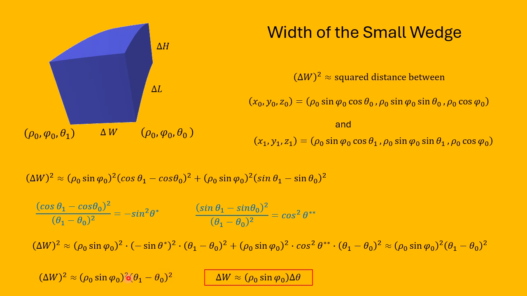That had a square here, but we're taking square roots, remember, so we just get a delta theta here. Square root of this factor is rho naught sine phi naught. Square root of this factor is just delta theta.